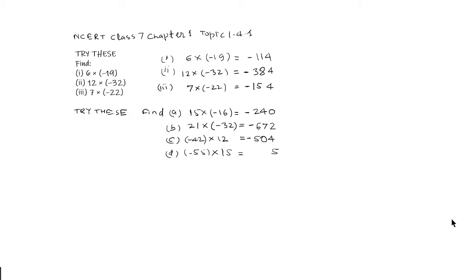And 15 times 5 is 75 plus 7 equal to 82. And we put minus sign here because there is a minus prior to 55. So minus 55 multiplied by 15 gives us minus 825.